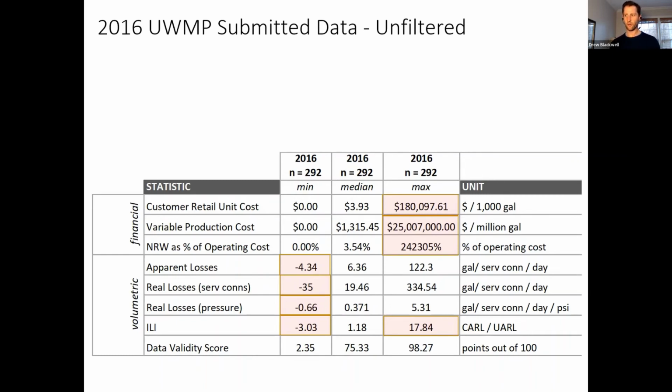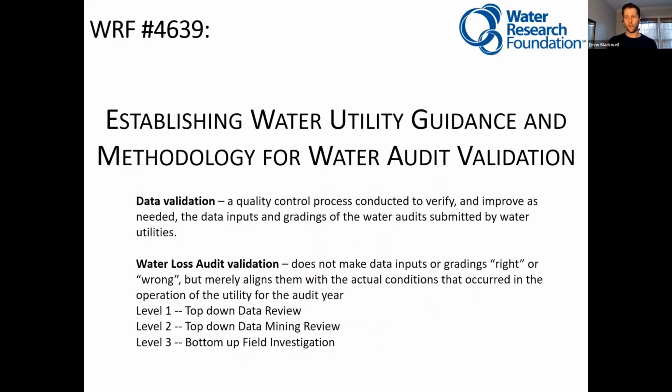It's not plausible. So what this research study concluded was there needs to be a formal process in which a third party can validate these water audits. Then the Water Research Foundation put together this manual where they formalized this process of validating a utility water audit.